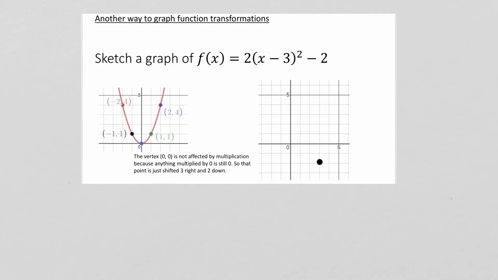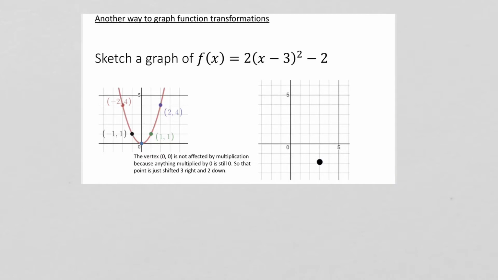So when you get a function that is a transformed version of a parent function, like this one, 2 times (x minus 3) squared minus 2, a way to graph this is to consider it as a transformed version of the original x squared graph. So a good way to do this is to focus on the vertex, which normally is at (0, 0).